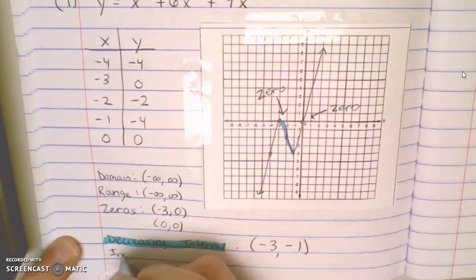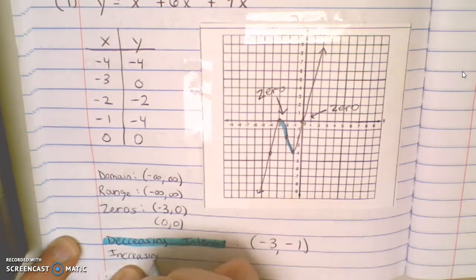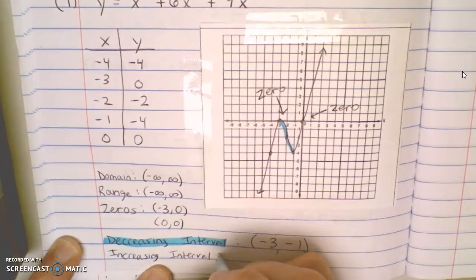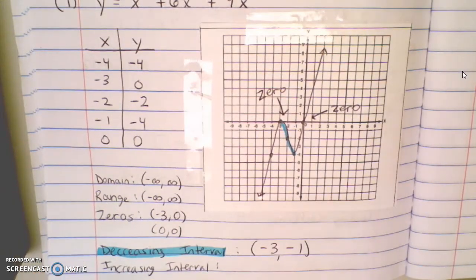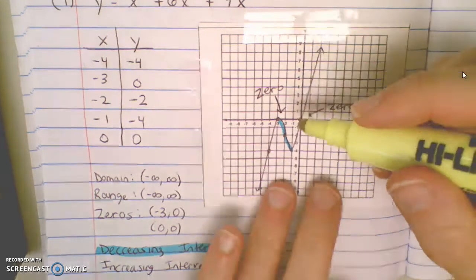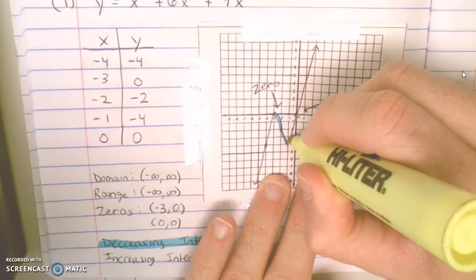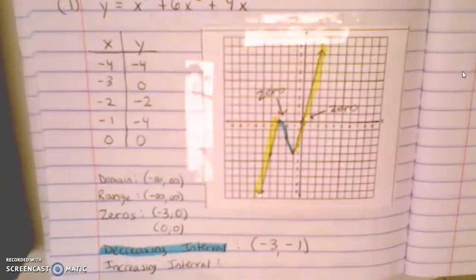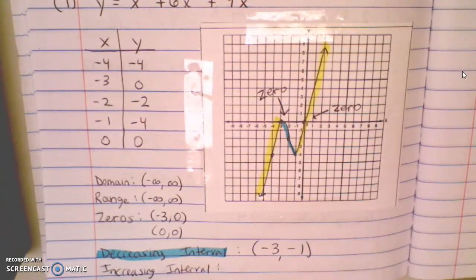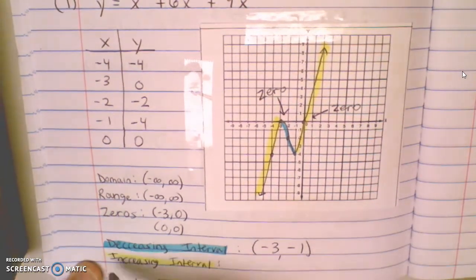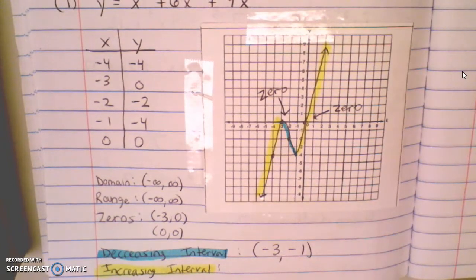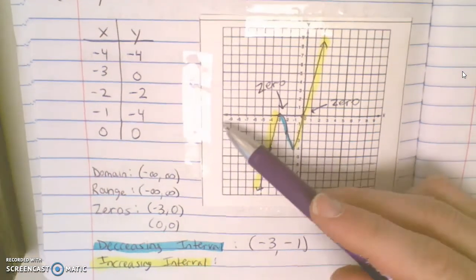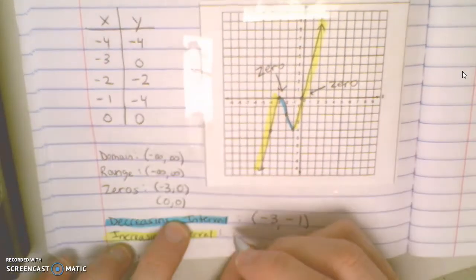Increasing interval is the same idea, where you look at the x values. But now we're looking at where the graph is growing. So I'm going to highlight this in yellow. So here's where it's positive, and positive, because I'm going up in those areas. So from here, I'm increasing from negative infinity up to negative 3 for the x value.